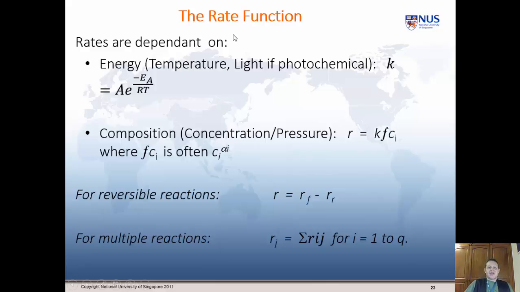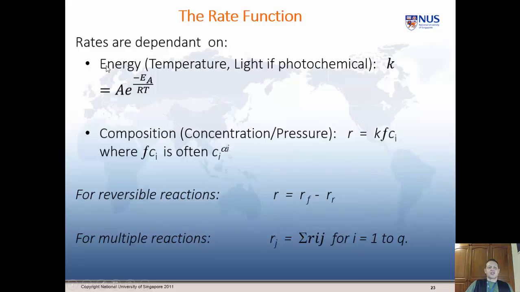So let's now think about what rates of reactions are dependent on. They're obviously dependent on composition. That's what we've been looking at so far: concentration, pressure, and typically it's equal to rate constant times some function of concentrations. Now for us, for chemists, that's about the order of reaction, and I'll talk about that more in a moment.